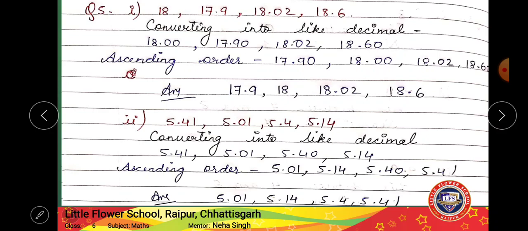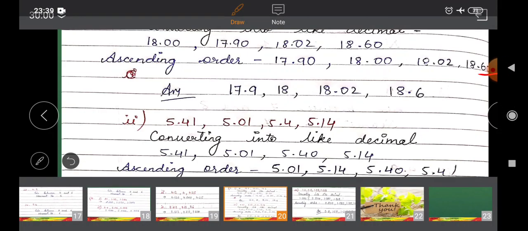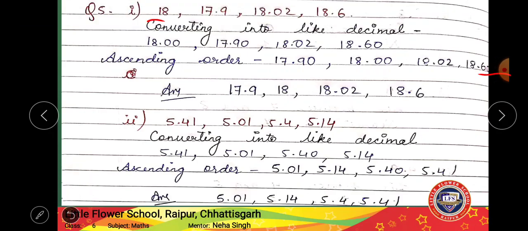So first question, see here 18, 7.9, 17.9, 18.02 and 18.6. Are they like decimals? No, they are not. Here there are two places of decimal, one place of decimal, one place of decimal and no decimal.